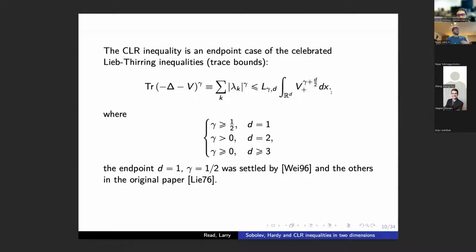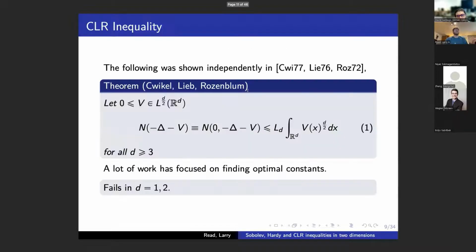And this is asymptotically sharp, and it's valid in the cases where gamma is greater than or equal to a half in dimension 1. In dimension 2, gamma is greater than 0, and in dimension 3, gamma is greater than or equal to 0. And of course, here the case where gamma is equal to 0 is actually equivalent to just the number of negative eigenvalues.